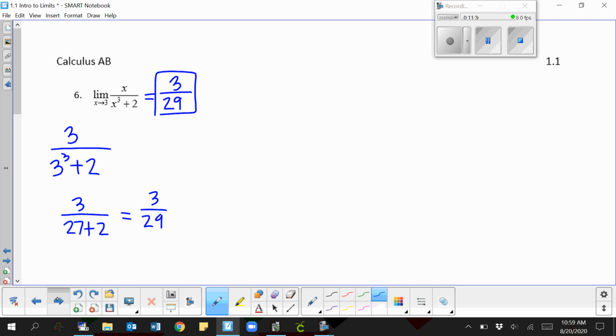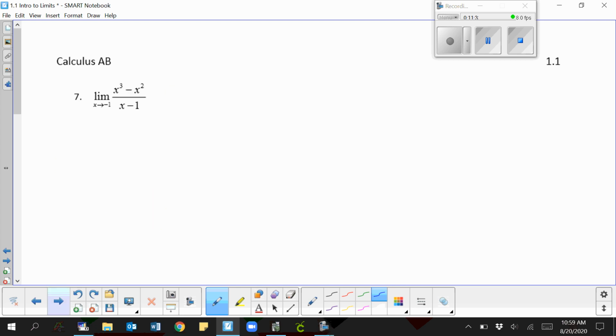And let's look at 7. All right, for number 7, we're looking at when x approaches -1. So I'm looking at -1 cubed minus -1 squared over -1 minus 1.